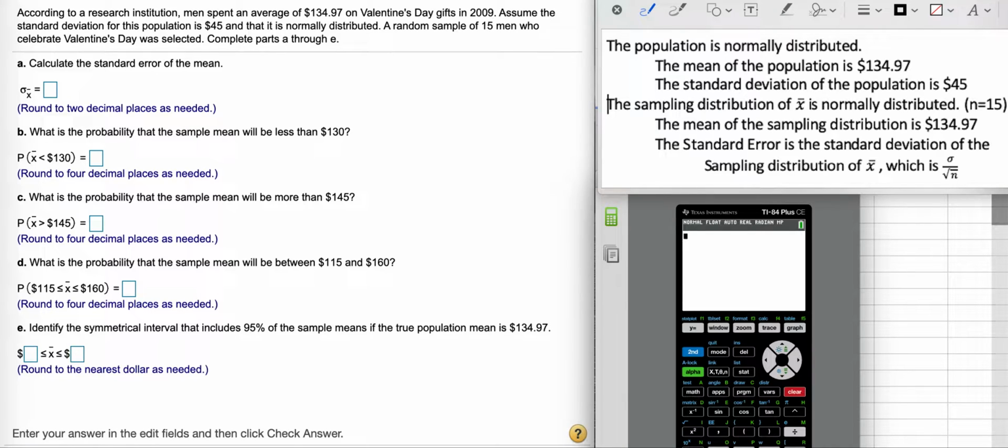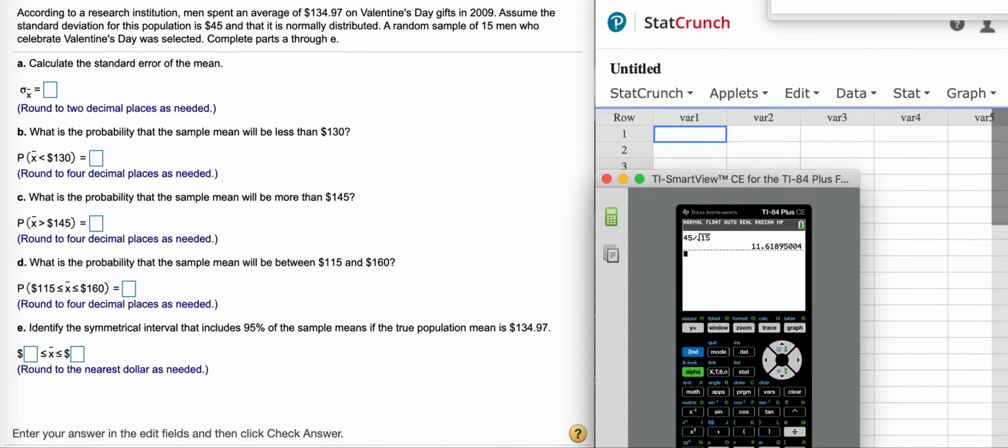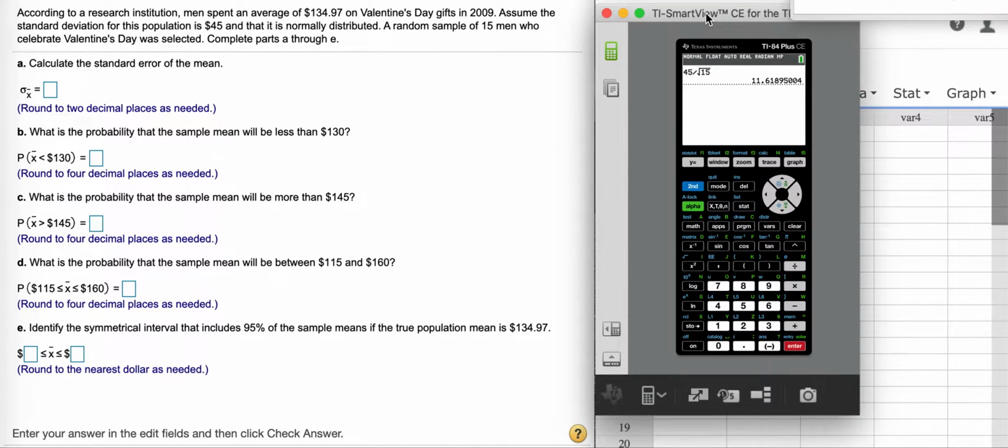So let's calculate that real quick. If we take the standard deviation, which is 45, and we're going to divide that by the square root of the sample size, which is 15. Let me resize that just a little bit.